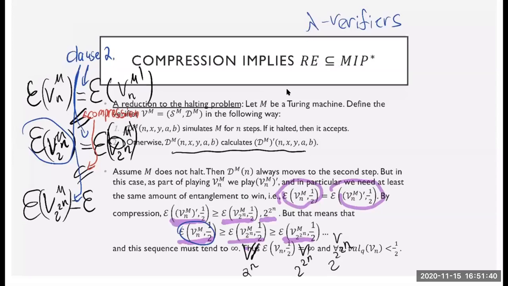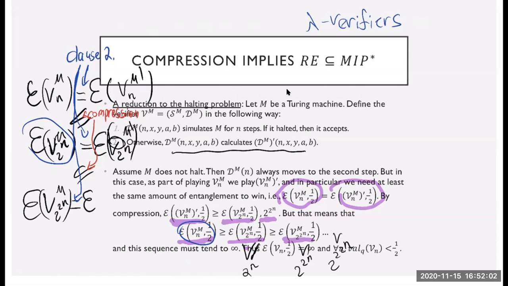So you see, Nati, the proof talks about entanglement. It tells you that the entanglement needed to solve V_n is at least the entanglement needed to solve V_{2^n}. This epsilon is the amount of entanglement the two provers use.